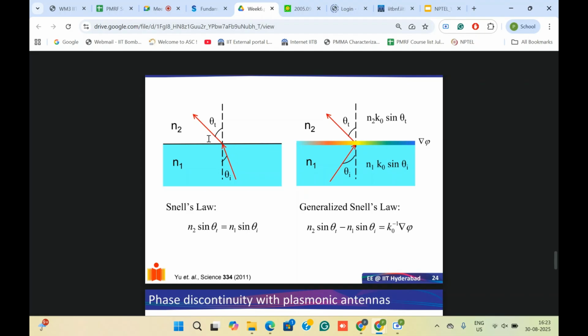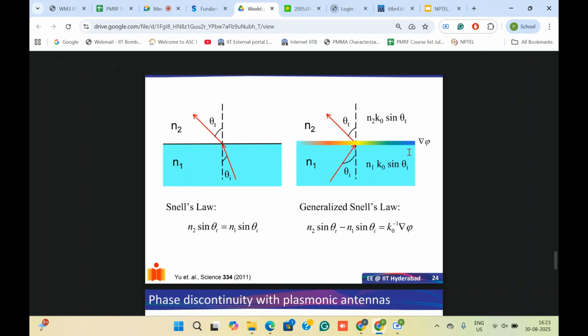But suppose now, in addition to this standard case, we have a phase gradient at the interface. So what if we have a phase gradient, then what will be the case?